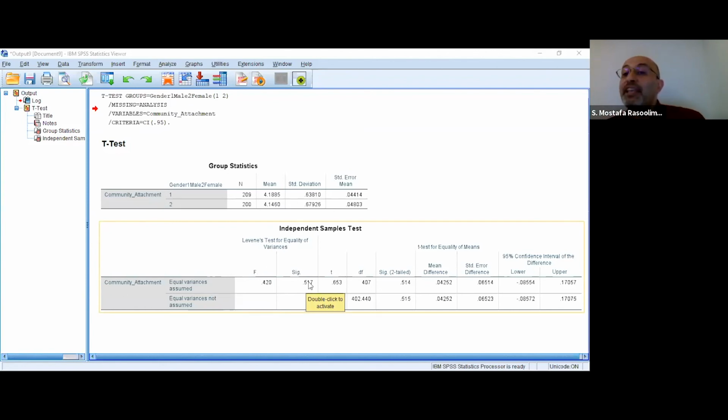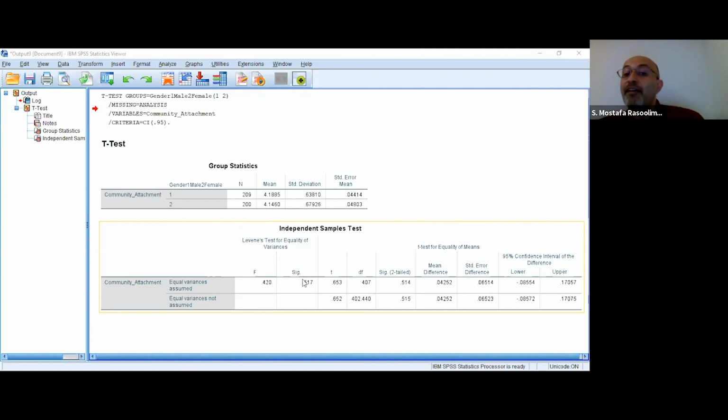If this p-value for Levene's test is higher than 0.05, it means the variance of these two groups are equal, or are not significantly different.